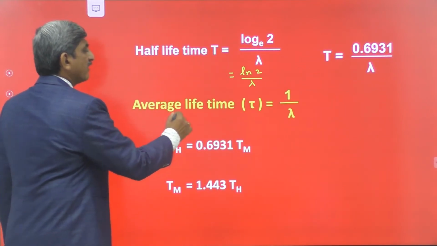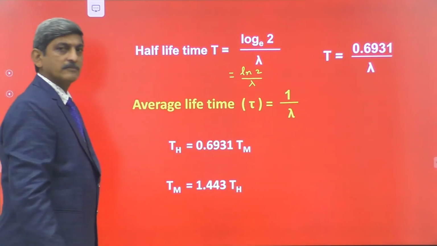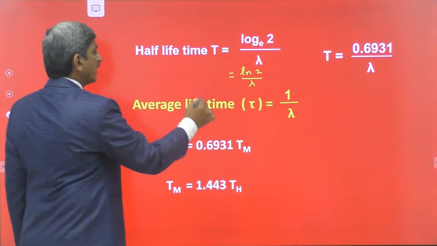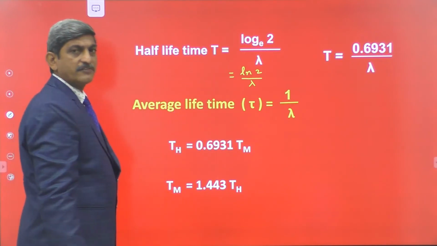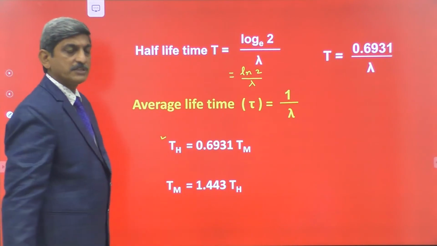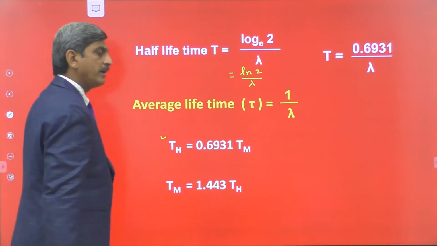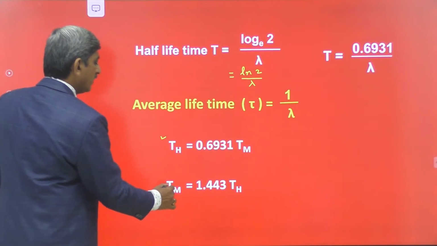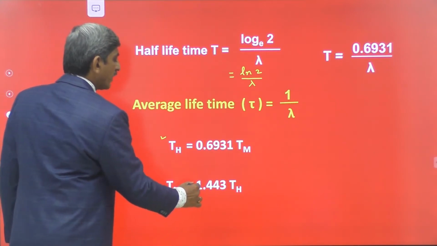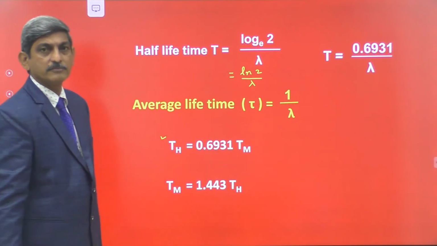Next, the average lifetime is equal to 1 by lambda. The half-life time and the mean lifetime are related by the formula T half-life is equal to 0.6931 times T mean, or T mean is equal to 1.443 times the half-life time.